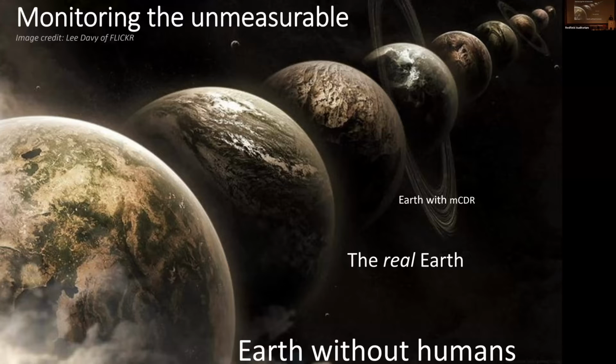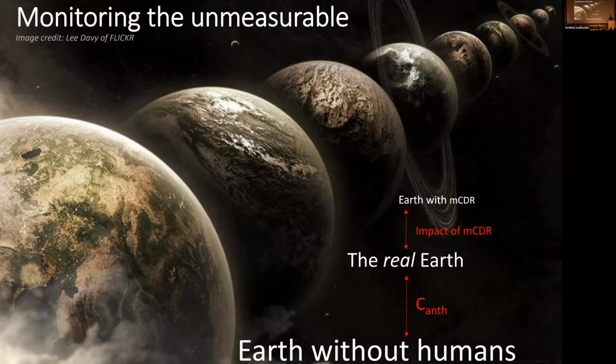Okay, so this slide was just meant to be why it's hard to quantify human impacts. And it's really because what we're talking about is a very abstract thing. It's the difference between our world, kind of represented by that middle Earth, and some other Earth that doesn't actually exist without humans, or alternatively, some other Earth in which we have done some aggressive marine carbon dioxide removal.